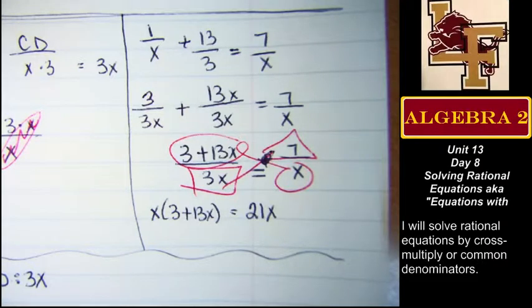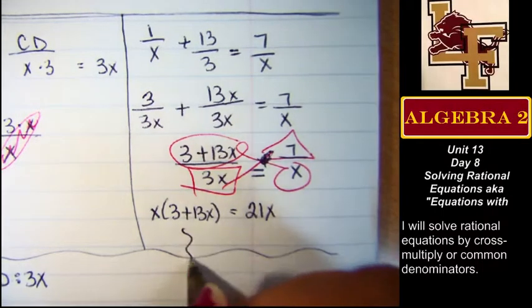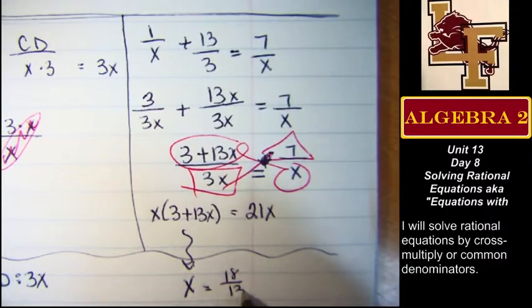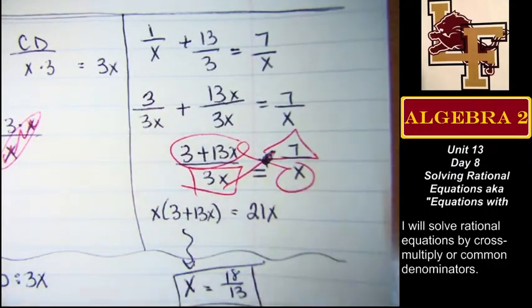And then I can distribute and collect like terms, move everything to one side if it ends up being an x squared kind of thing. Okay? And then still solve this down for x. You should end up with 18 over 13 again, because it's the same equations. You're going to have 13x squared.